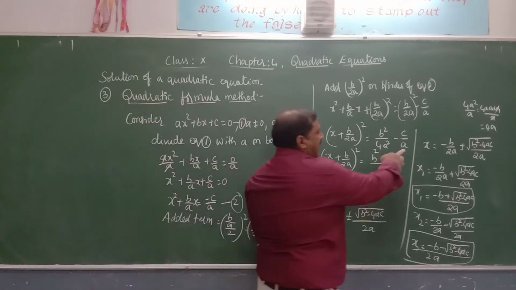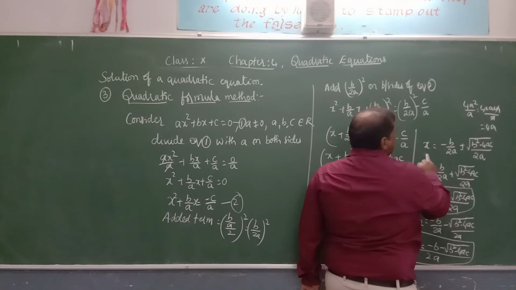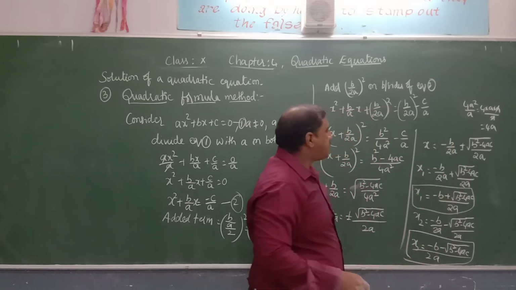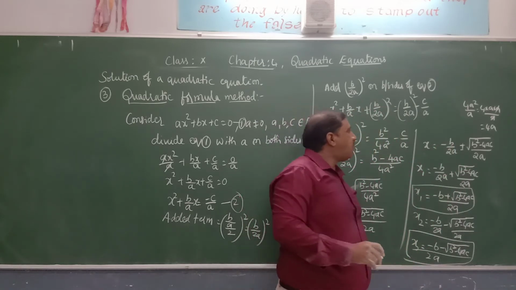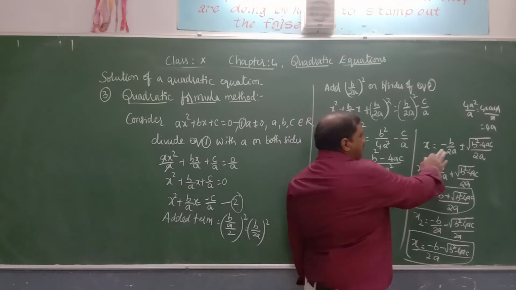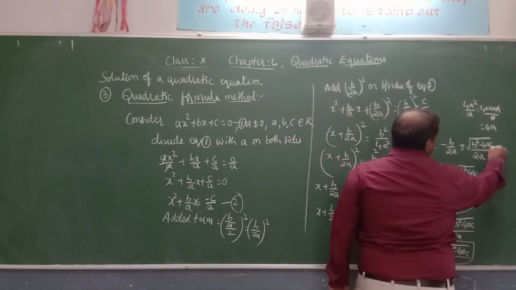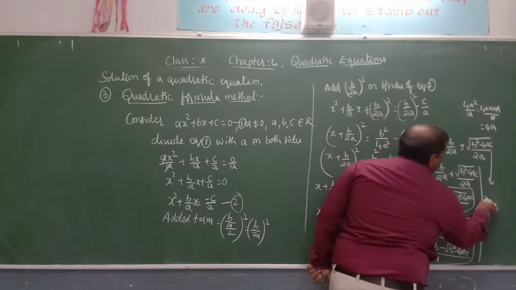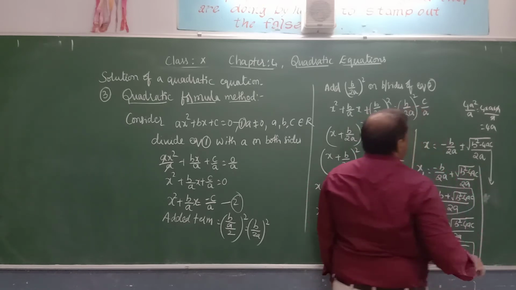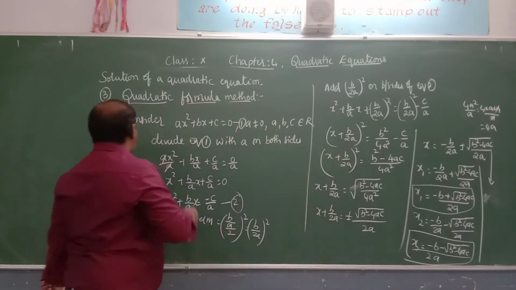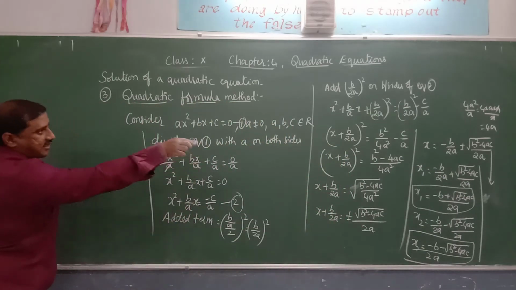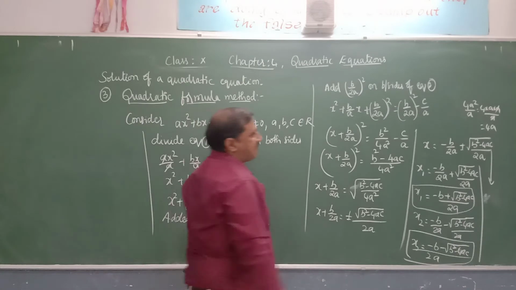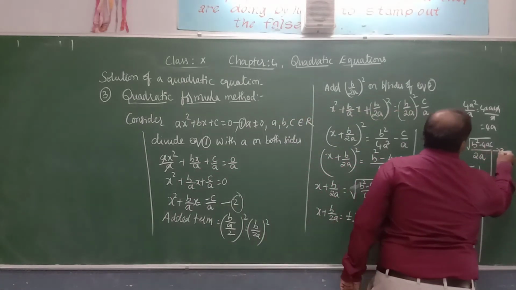Now this x is equal to minus b by 2a plus or minus square root of b square minus 4ac by 2a. From this, if you simplify, what do we get? I'm taking this as 3.